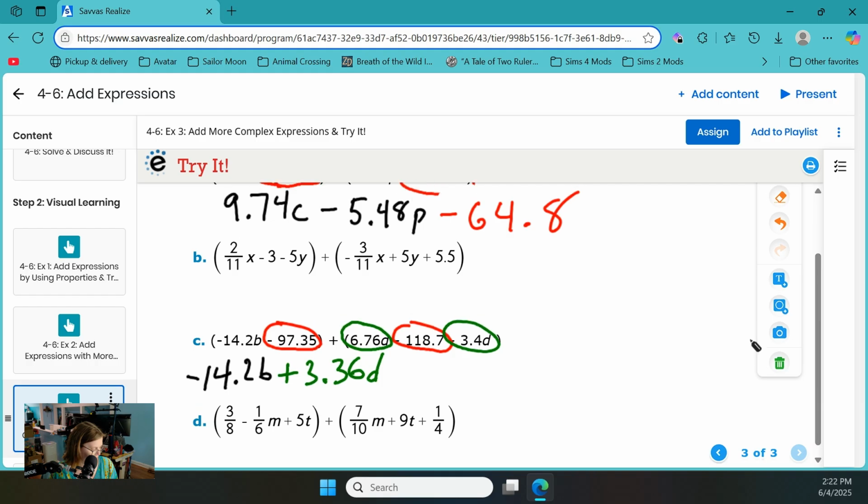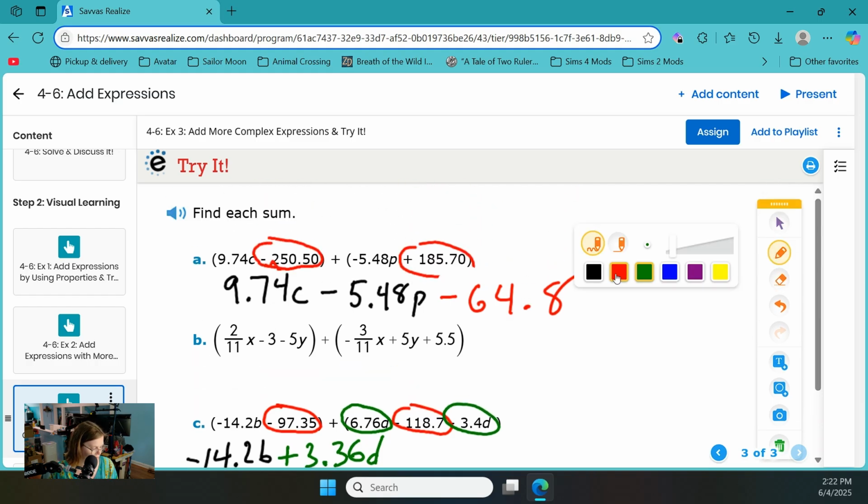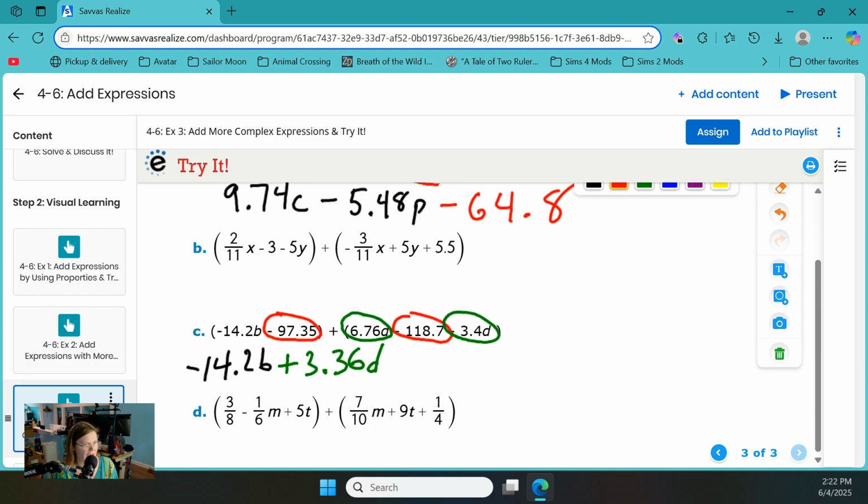And then if we look at our constants in red, we have negative 97.35 minus 118.7. That gives us minus 216.05. That should be your expression for question C in standard form.